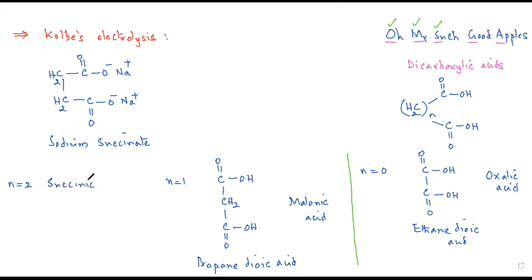When n is equal to 3, that's pentane dioic acid, nothing but glutaric acid. n is equal to 4, hexane dioic acid, that is adipic acid. This is just for your information. Let us keep it aside.